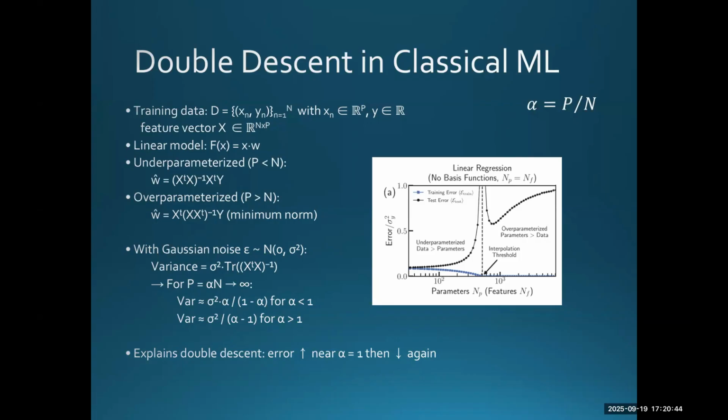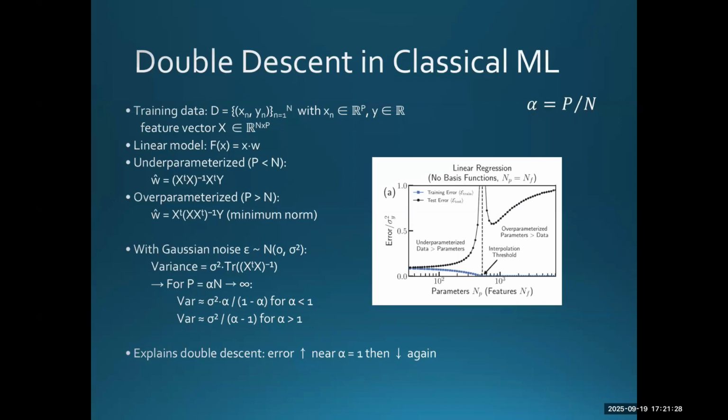To calculate the variance, you need noise epsilon. You can also use Gaussian noise. Then the variance is given by this formula. And for P very large, you can use the MP distribution to calculate this trace. And after using that, you can obtain this variance formula.